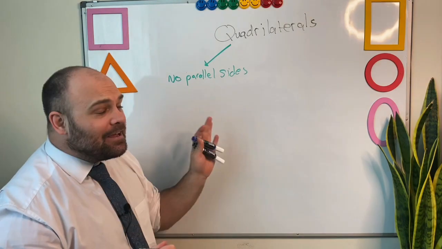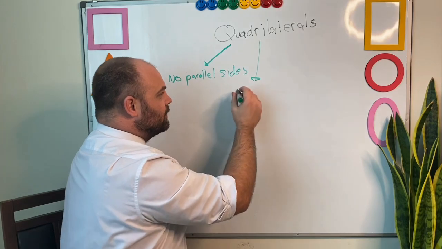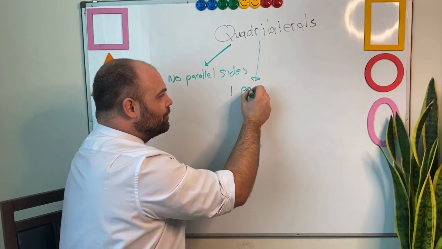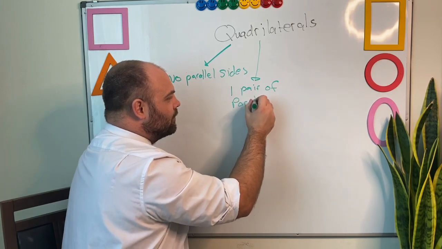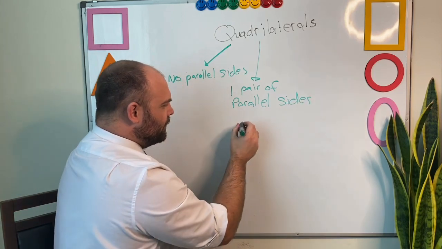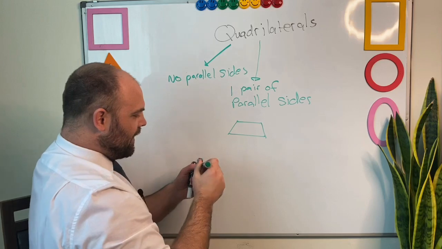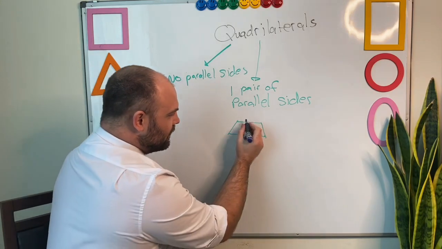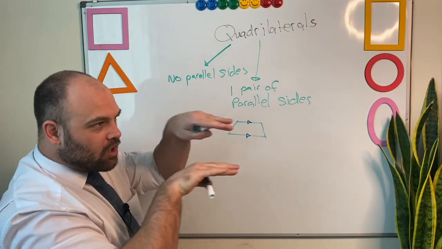Okay, if it has one pair of parallel sides, okay, it will look something like that. Okay, and it'll be this side up here and this side down here. Those two lines are parallel.